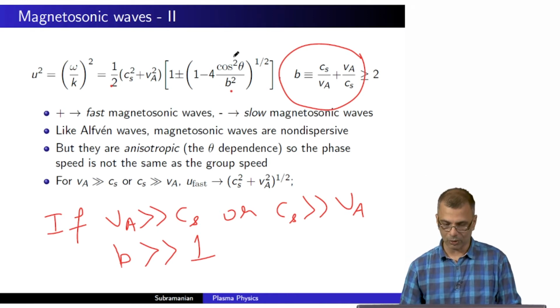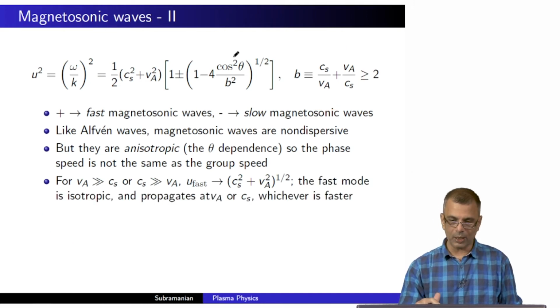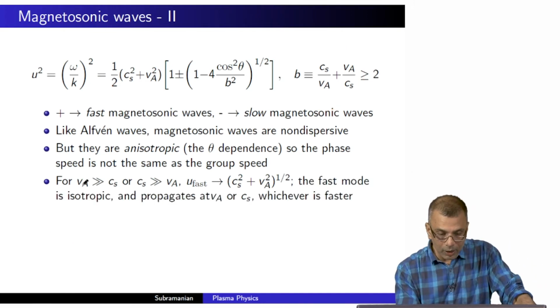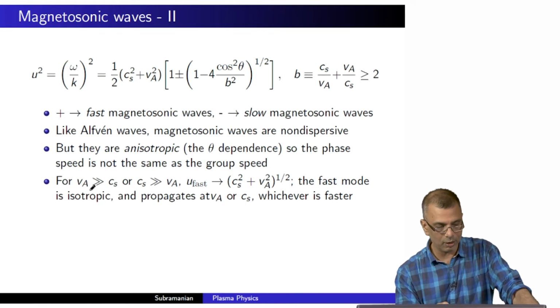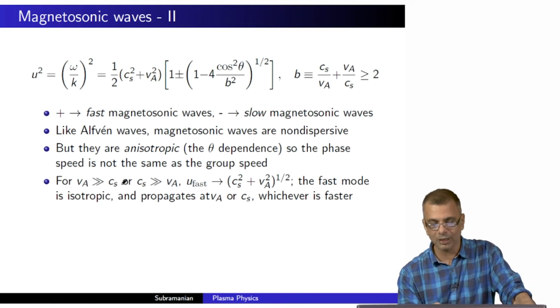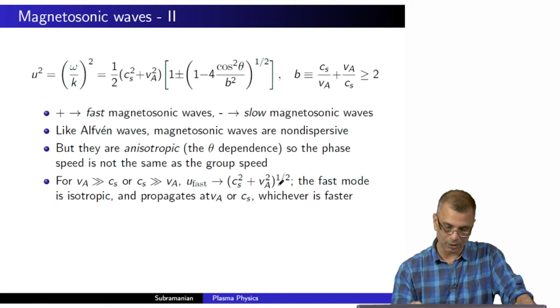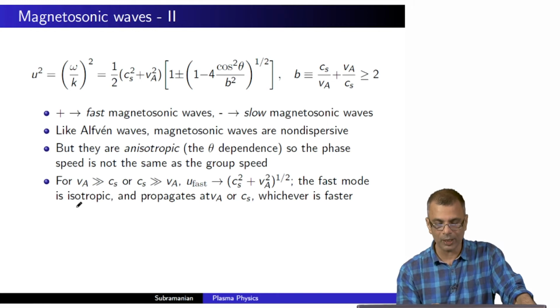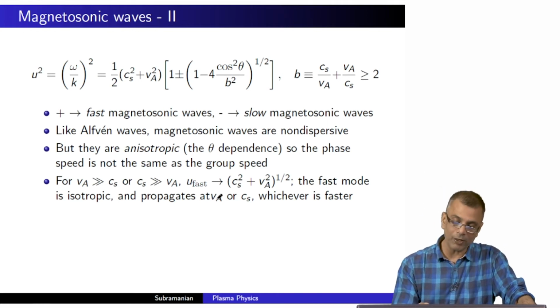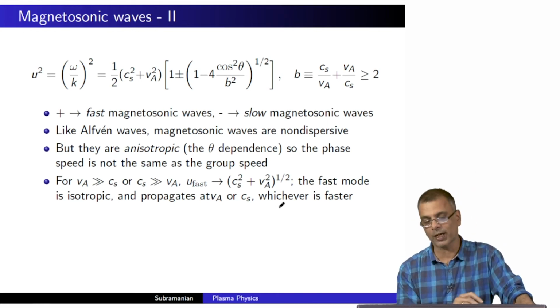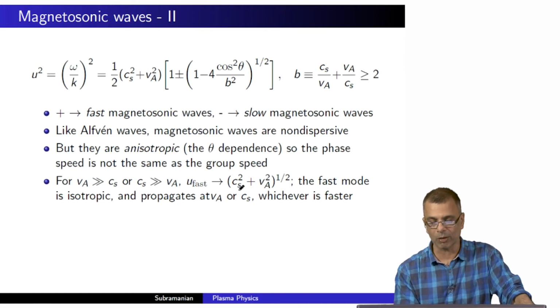All right. So in other words, as we just said, only when the Alfvén speed greatly exceeds the sound speed, or vice versa, the sound speed greatly exceeds the Alfvén speed, the U fast is given by this, and the fast mode is isotropic, and it propagates at VA or CS, whichever is faster. That's also obvious, right?